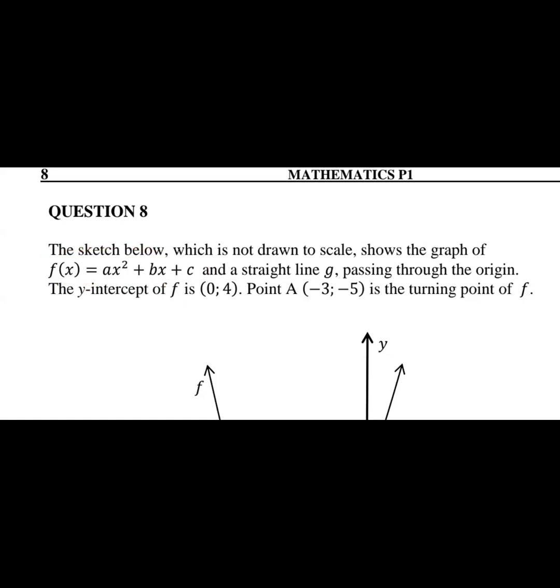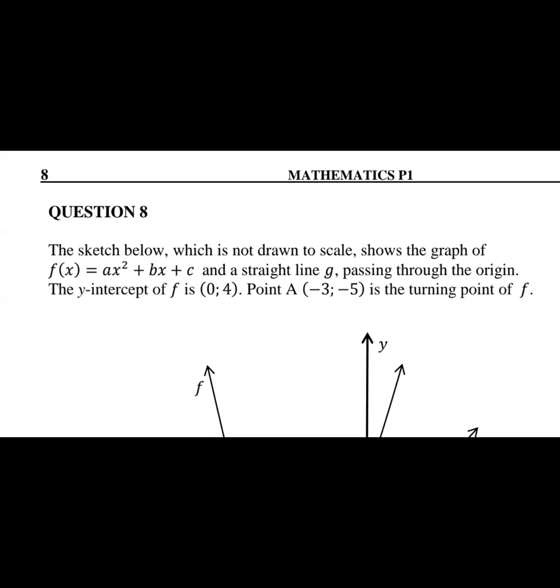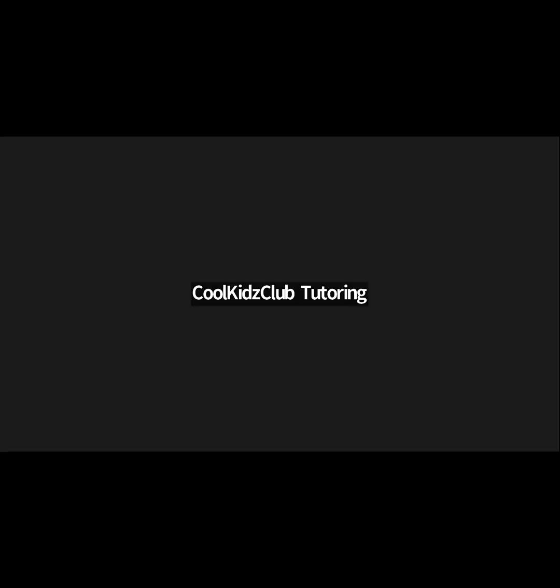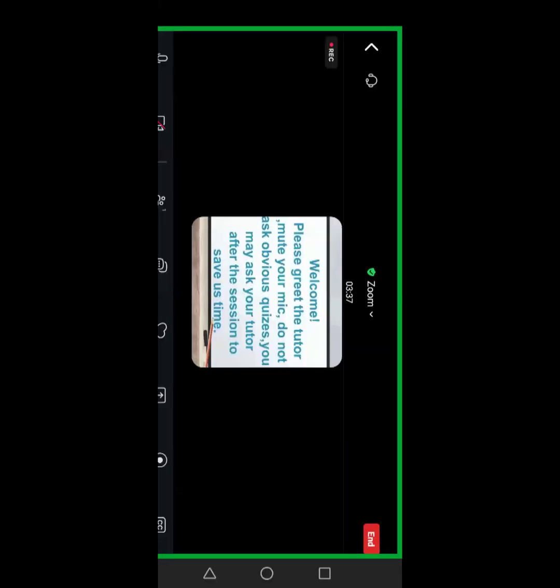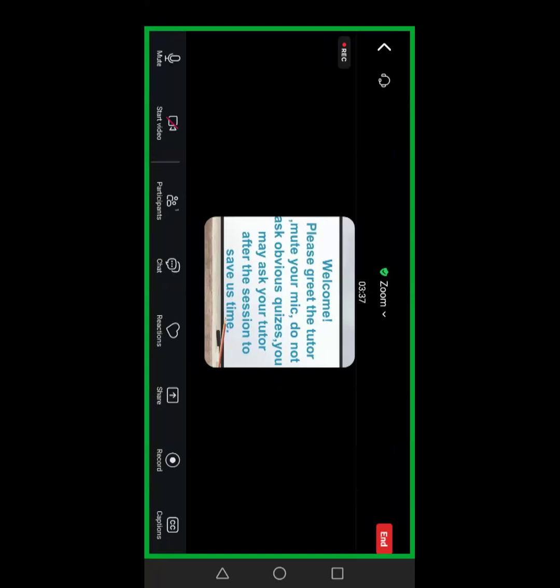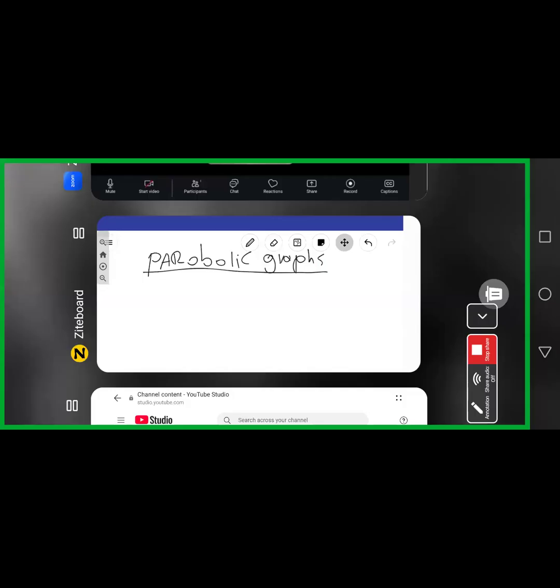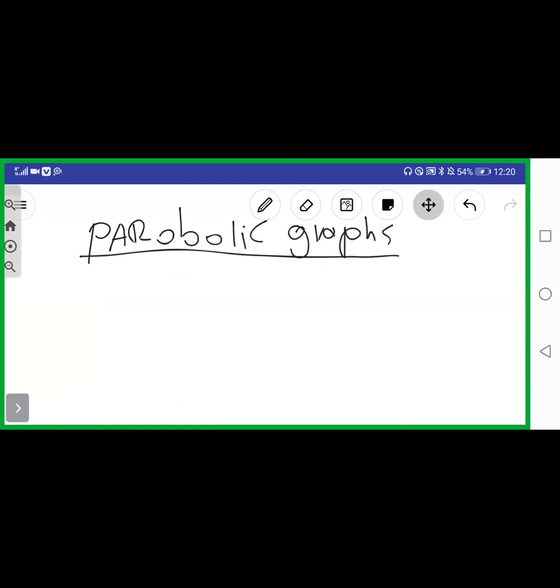Okay, so I'm going to remove this and I'm going to take you through my board so that you and I can definitely work together. Now, as we are going to talk about the parabola, you will actually remember that we have three types of equations.